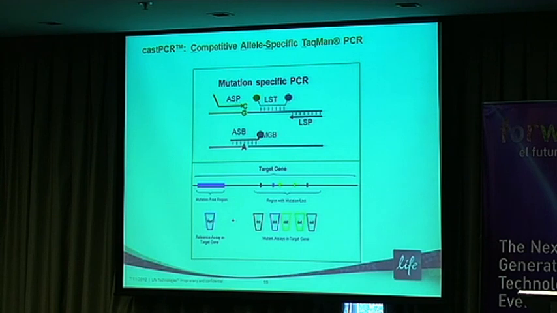In that same assay, we also added a blocker. Where it says ASB, that's an allele-specific blocker. This is an oligonucleotide that's complementary and will sit down on your wild type region. So it effectively blocks or quenches the wild type genotype.